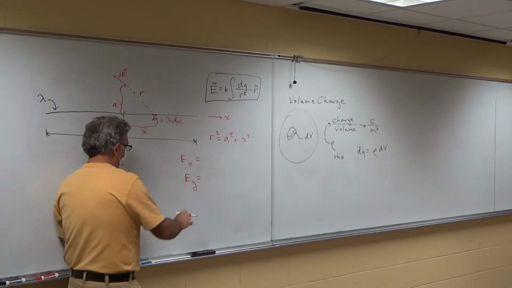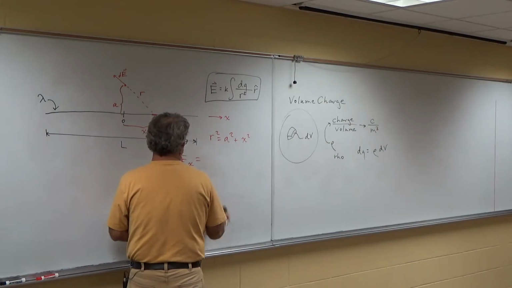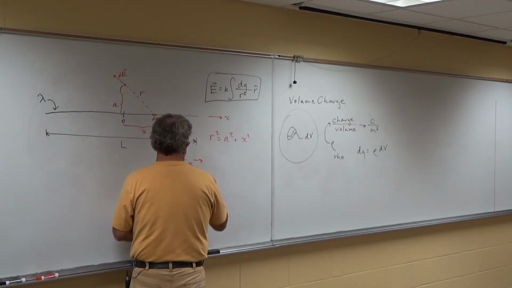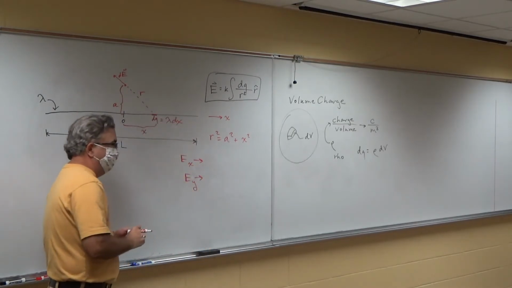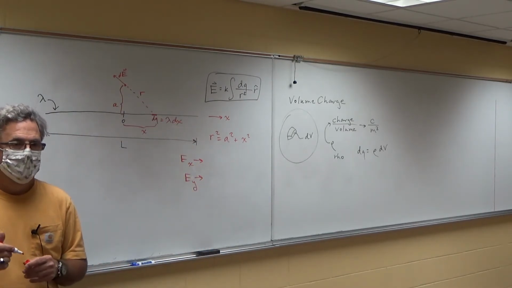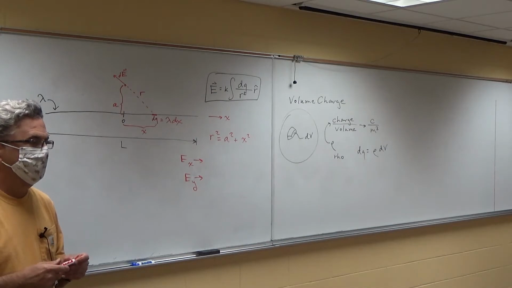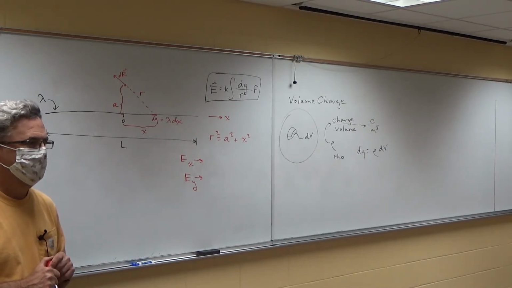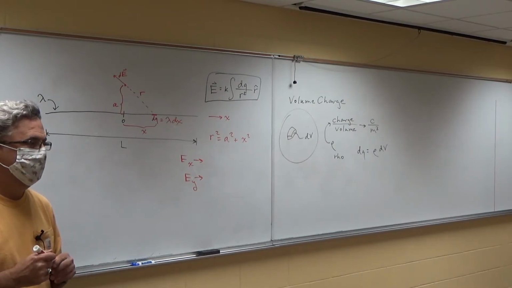I'm not going to put equals, just an arrow or something. How are we going to deal with these vectors? There'll be an x component, maybe, and a y component of the electric field, maybe. One of them better survive.